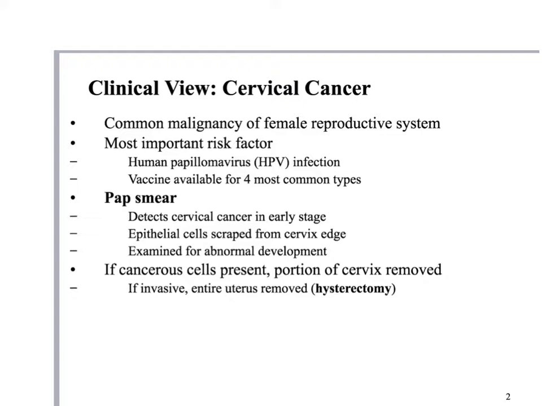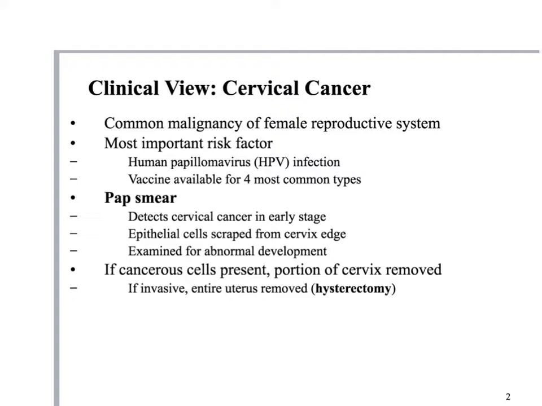A Pap smear is a procedure that females have done at their yearly gynecological appointments, and it works to detect cervical cancer at early stages. The gynecologist will use a speculum, open up the vagina, observe the cervix, and take a little bit of epithelial cells scraped from the cervical edge and look at them for histology and morphology, and abnormal cells can be detected.